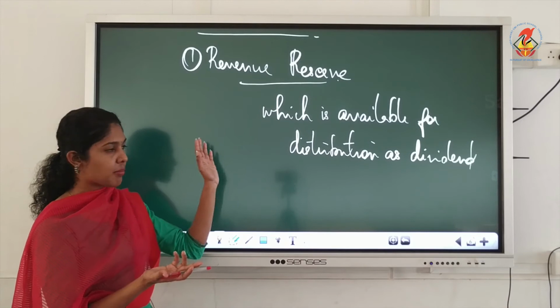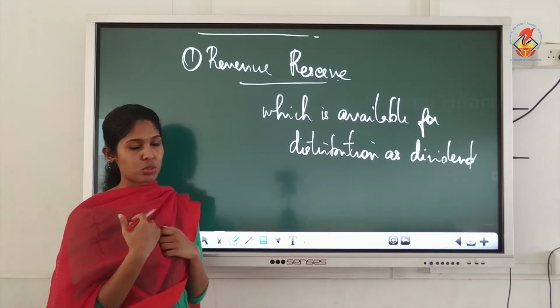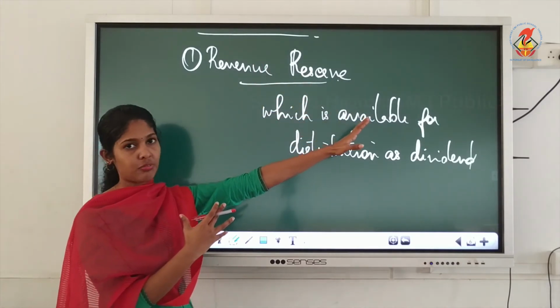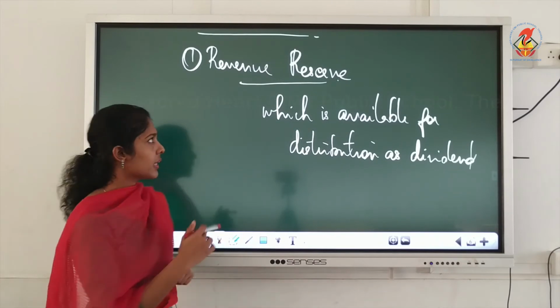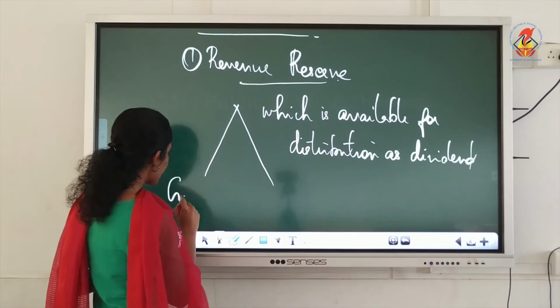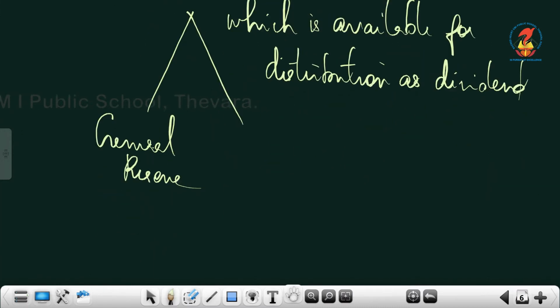So we have some profit which is available for dividend distribution. Out of that profit, when you keep a reserve, that is termed as revenue reserve. Then revenue reserve has two types. One is general reserve and the other one is specific reserve.